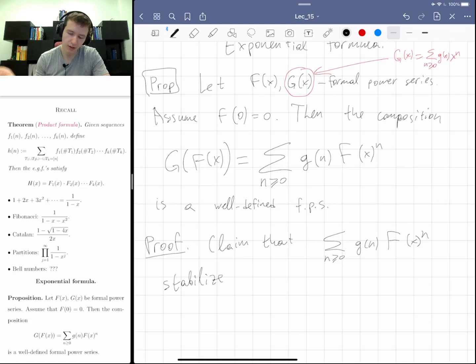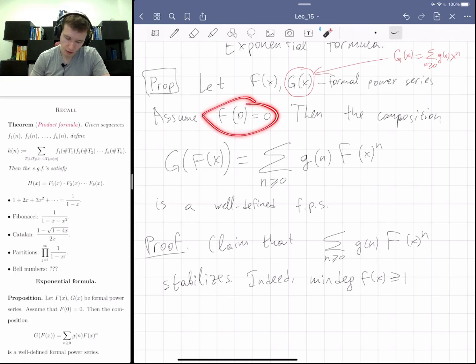And what was the criterion? Well, it was that the minimum degree of the nth term, the minimum degree of all these terms, has to go to infinity. And indeed, the minimal degree of f of x is at least 1, because f has no constant term, so it's basically divisible by x.